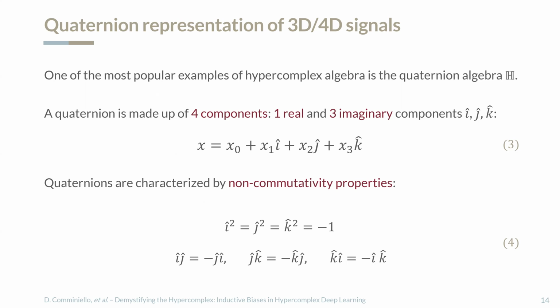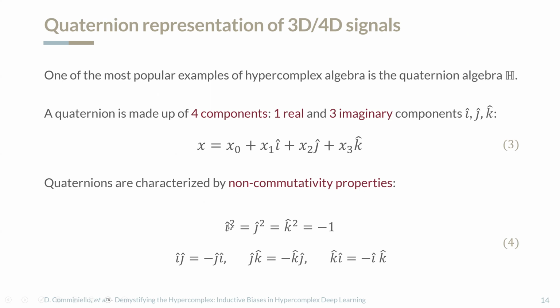So we can represent four-dimensional signals, just casting each one of the channels in one imaginary component, or even considering a pure quaternion and working with 3D signals. This is very important because you can manage 3D signals or 4D signals just as single quaternion entities.